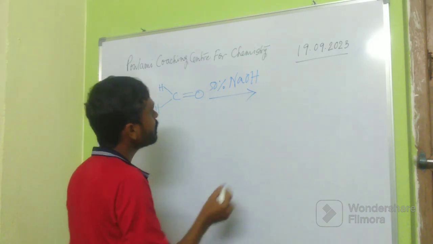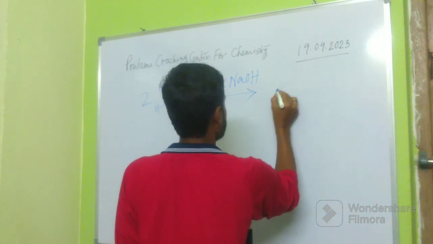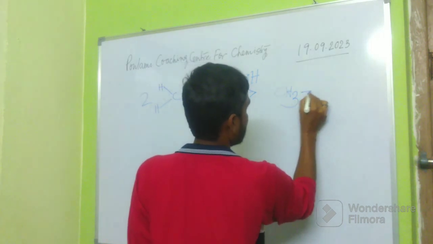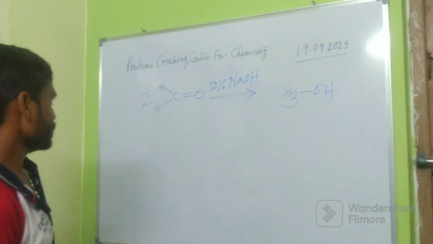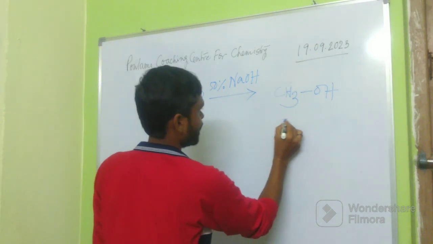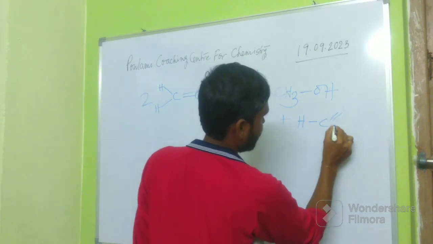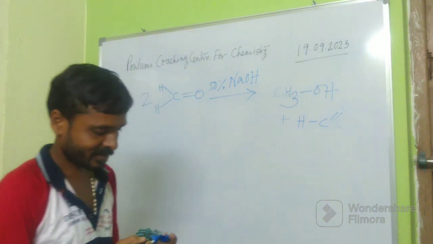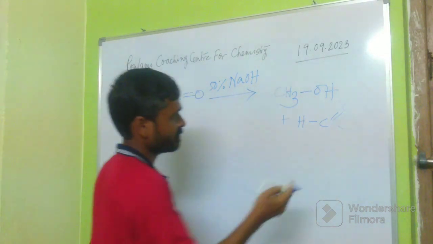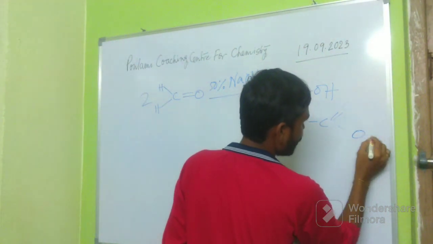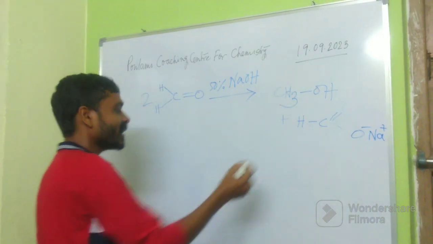One mole gives its corresponding alcohol, methyl alcohol, and another mole gives HCOONa, formic acid, that is methanoic acid.